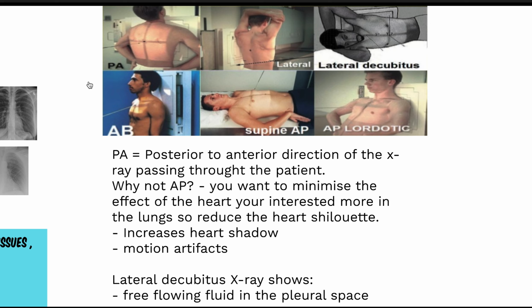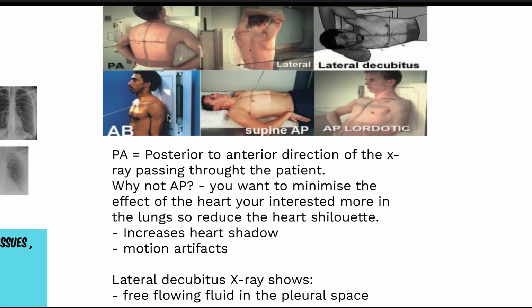Now, lateral decubitus is important because it is very useful in determining free-flowing fluid in the pleural space, like pleural effusion. And the AP is usually shown by the image on the bottom facing forward. This is when the x-rays come directly forward into the chest, through the heart, and then to the back.